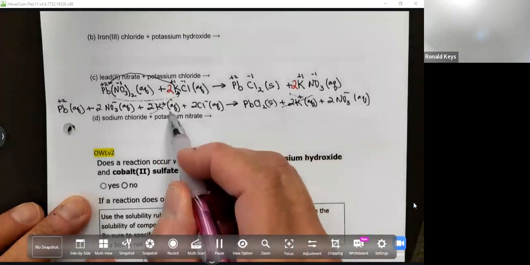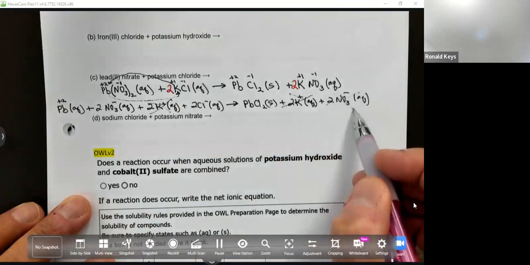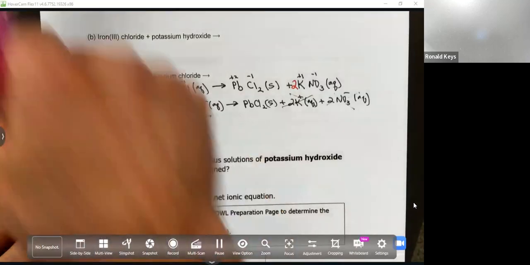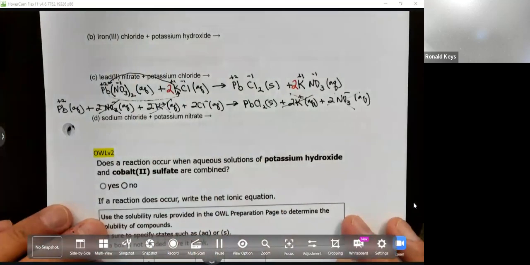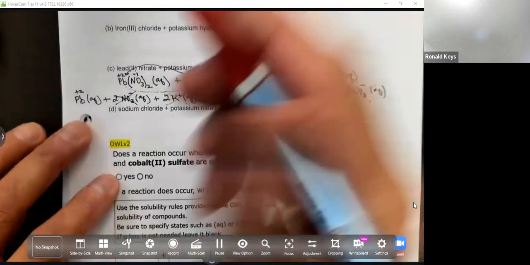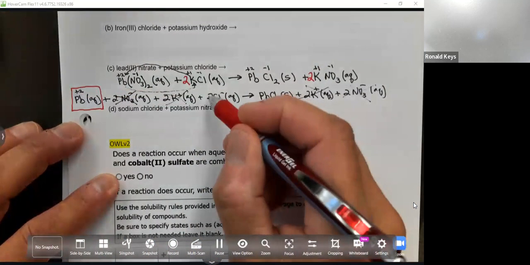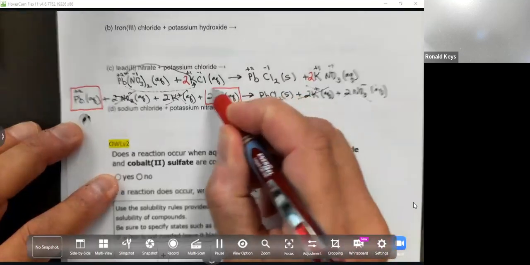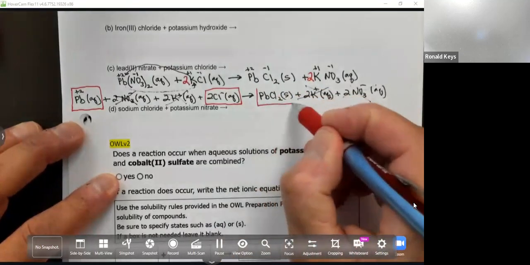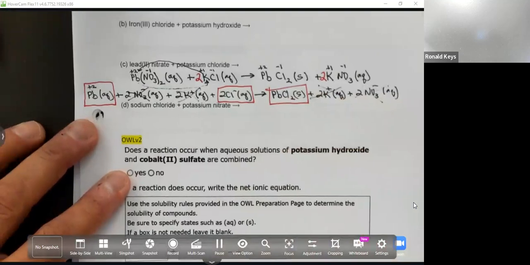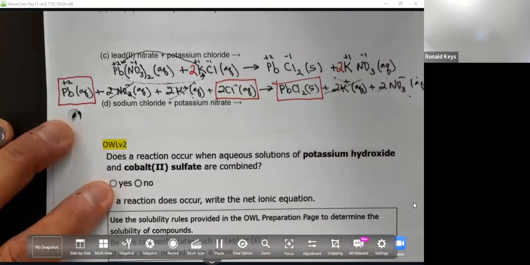The light X over our spectator ions. And then we can just box in our net ionic with a different color. So Pb plus 2, 2 chlorides. There's our net ionic, right?